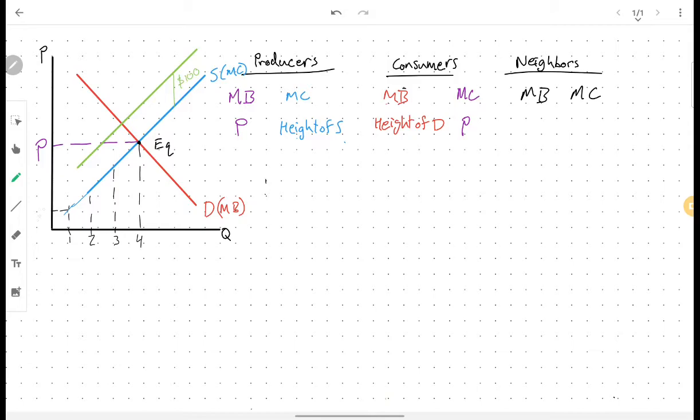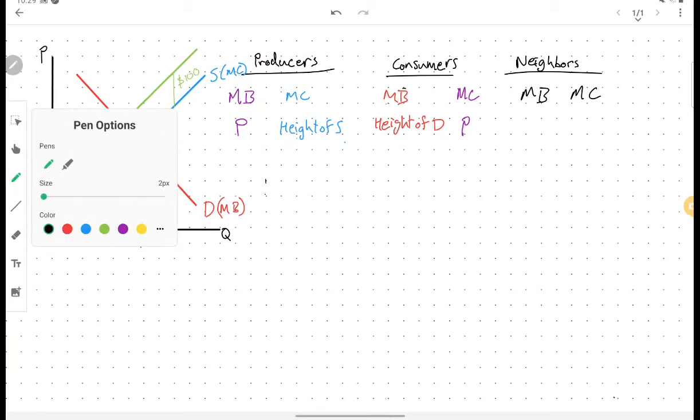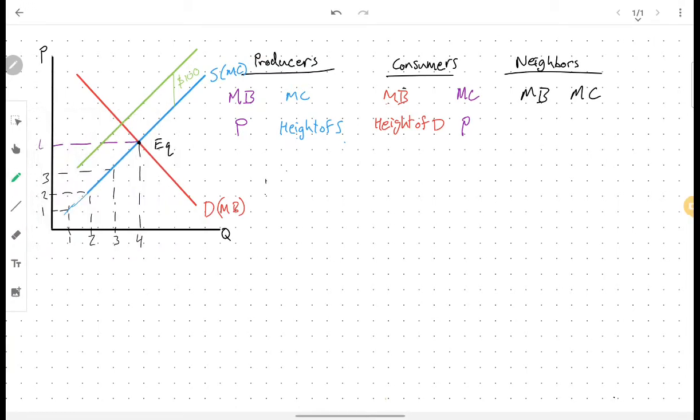Okay, so the marginal cost over here is going to be, let's just do a simple one, 1,000. So I'm going to do these in thousands over here on the side. These are cheap cars, I guess. So this is 2,000, 3,000, and this P is now going to become 4,000. Okay, 4,000.